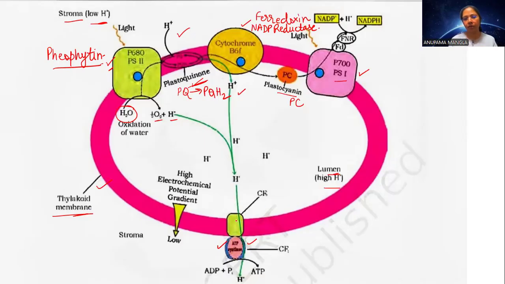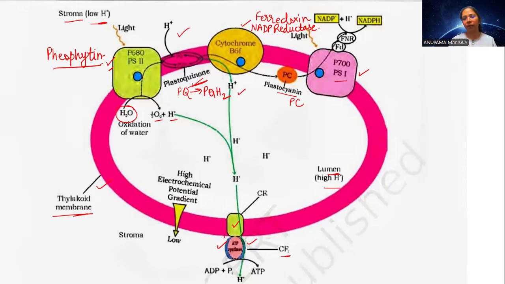In this ATP synthase, we have two parts. One is CF0, which is an integral protein. It carries out facilitated diffusion of the protons. And then we have the second part, CF1. C indicates here the chloroplast region. We have a similar enzyme in the mitochondria also, which is represented as F0 and F1. This CF1 is a peripheral protein which is protruding outside into the stroma.